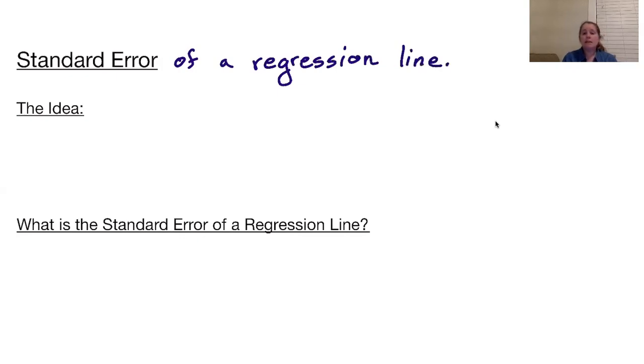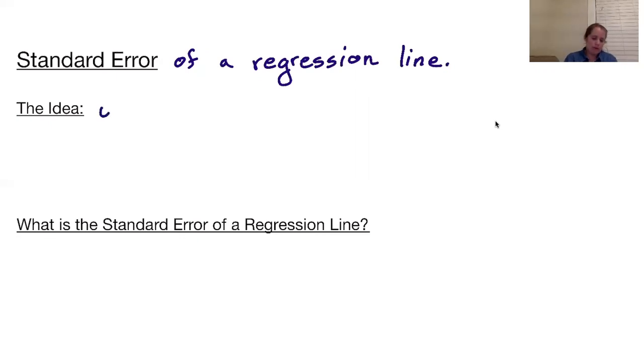The idea here is our regression line makes predictions, but we know our actual data doesn't always fall right on the regression line. And so we want an idea of what is the typical error between the prediction and what actually happens.